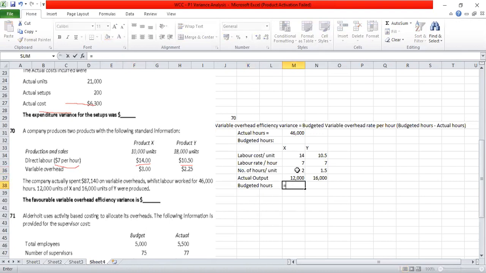This will be 2 hours per unit into the output of 12,000. Similarly, we do that for the other one also, and the total number of budgeted hours are 48,000. The actual hours are 46,000, budgeted hours are 48,000.